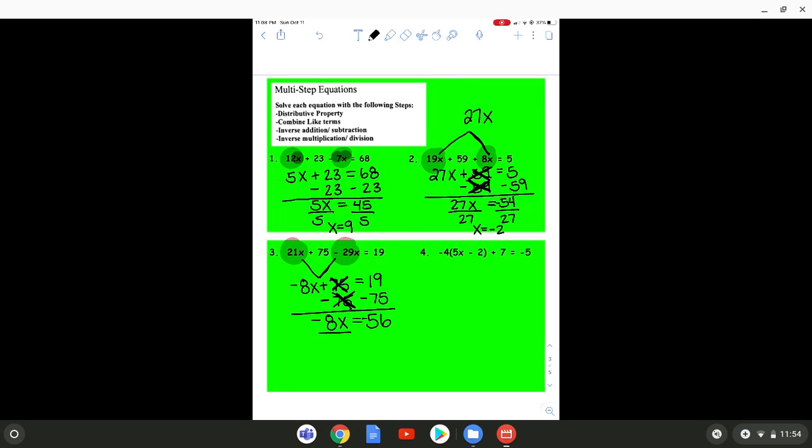So now to get x by itself, I'm going to undo my multiplication and divide by negative 8 on both sides. And that is going to give me x is equal to a positive 7.